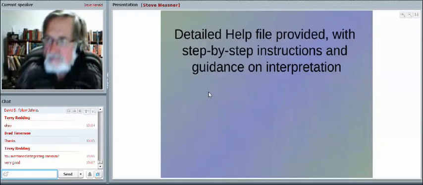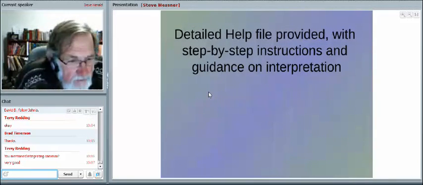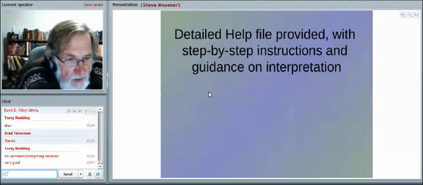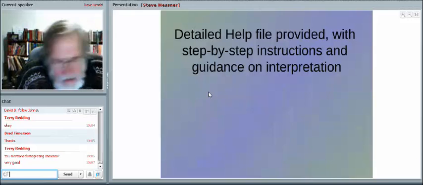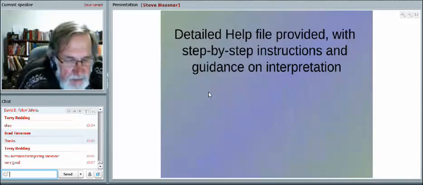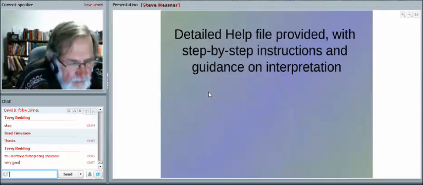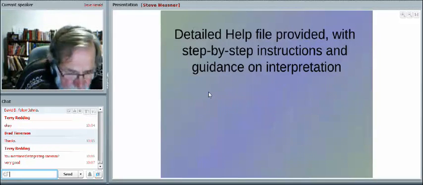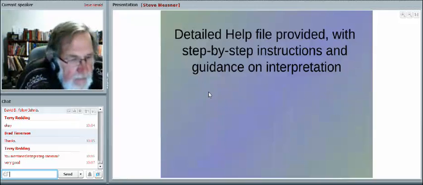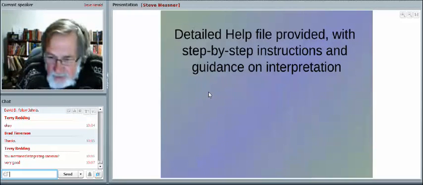Next slide. There's a detailed help file with step-by-step instructions and reasonably comprehensive guidance on interpreting the data. There's a fair bit of analysis to go through.